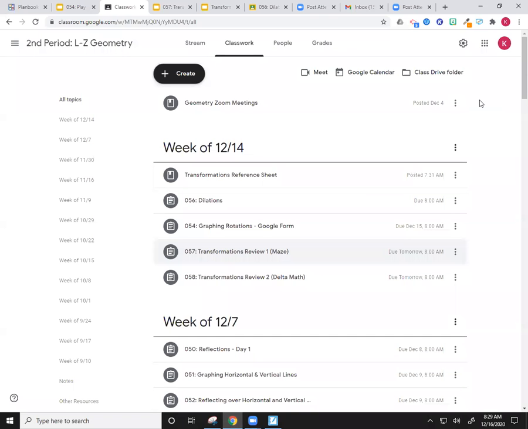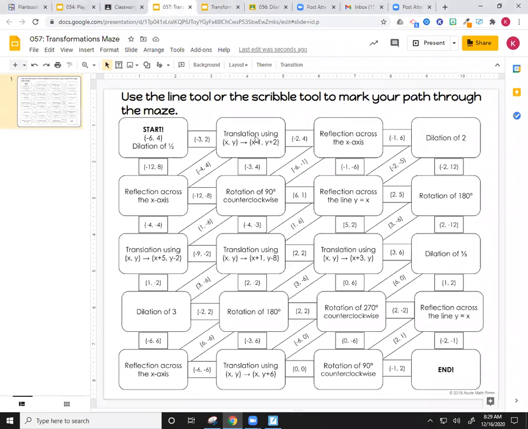Yeah. What's up? What's the translations? How do we do those again? It's the second one in the maze. The translations? Yeah, my bad. All right, let me pull that back up. That's okay. Okay, so translation using this, right?